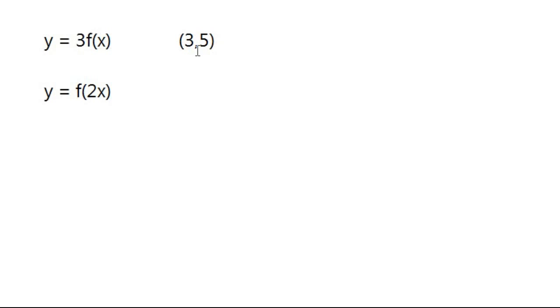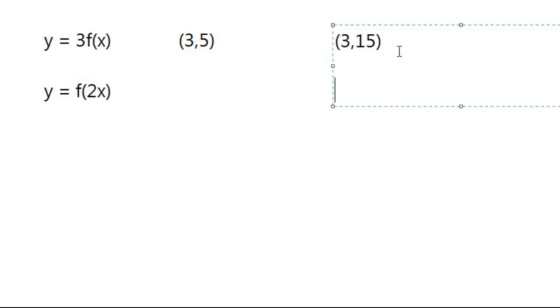So the y value in this case is 5, and so the transformation will yield a non-changing x value and a multiplied by 3 y value, which is 5 times 3, 15. So that is the first part. This is a relatively simple question.